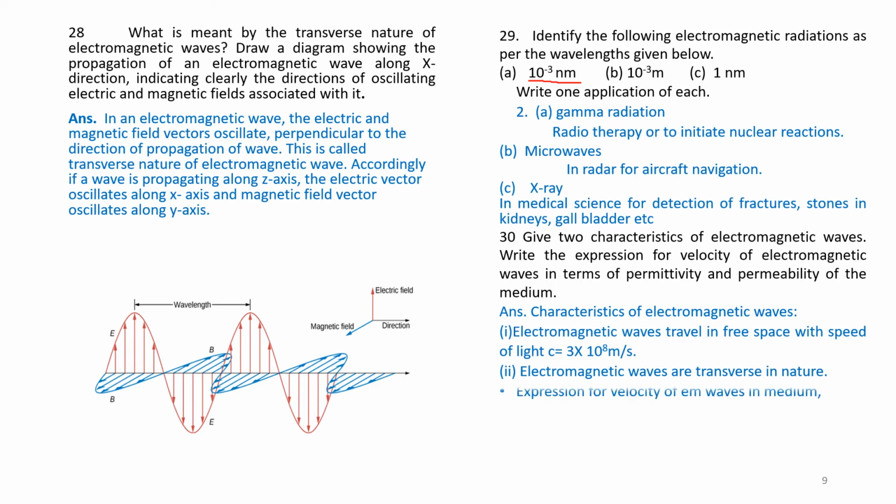Electromagnetic waves are transverse in nature. The velocity of electromagnetic waves in a medium is given as v is equal to 1 over square root of mu epsilon, where epsilon is the permittivity and mu is the magnetic permeability of the medium. This you note, it is medium.